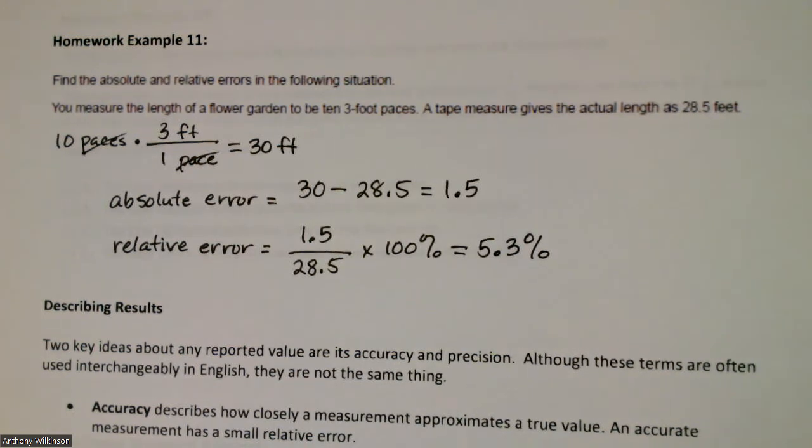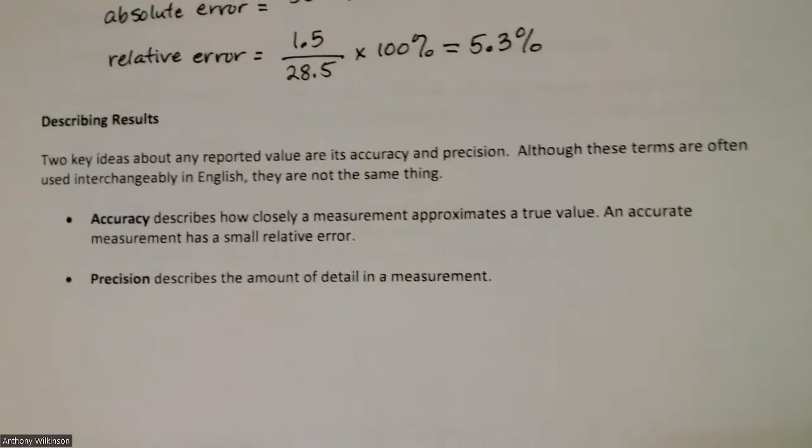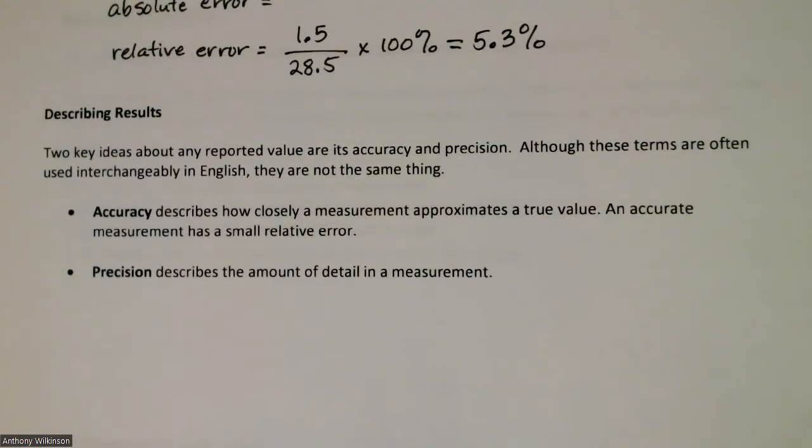All right, let's describe results. Two key ideas about any reported value are its accuracy and precision. Although these terms are often used interchangeably in English, they're not the same thing. They're different. Accuracy describes how close a measurement approximates a true value.